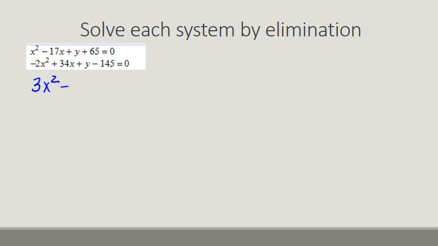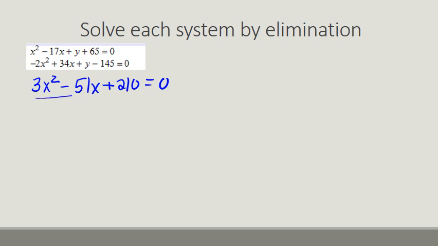Negative 17x minus 34x is minus 51x, and then 65 minus 145 is minus 210.